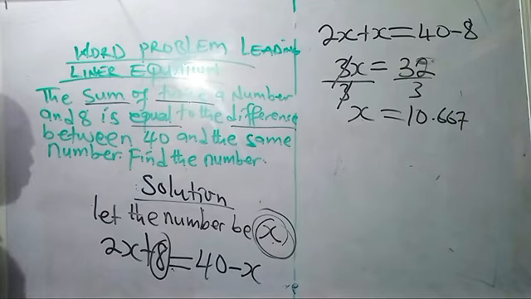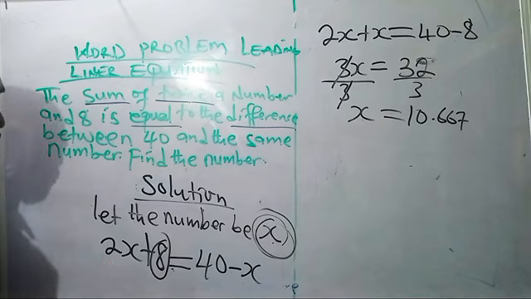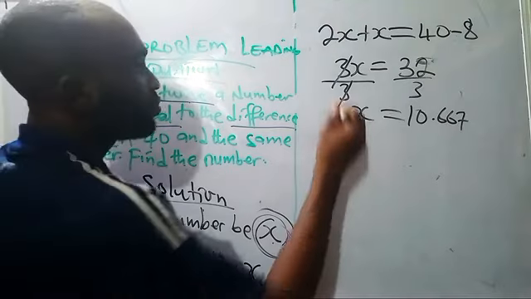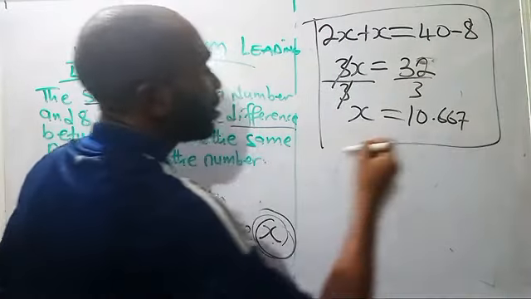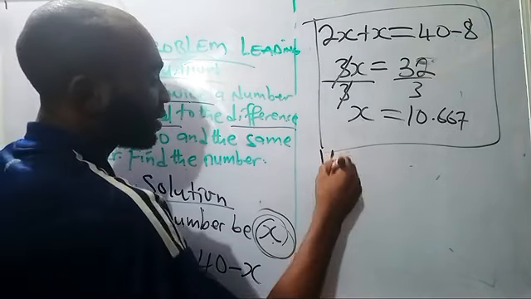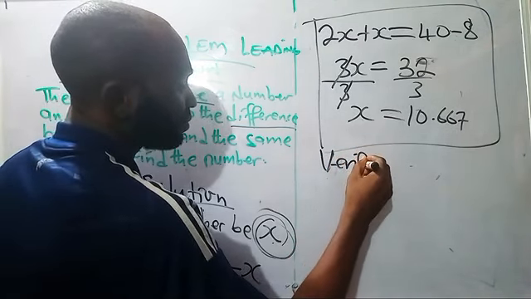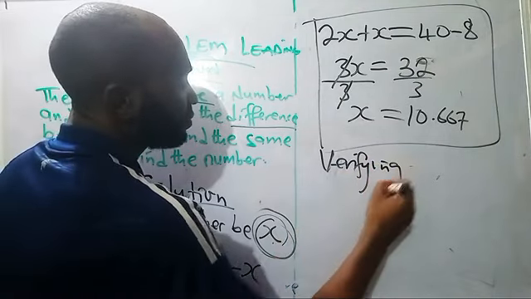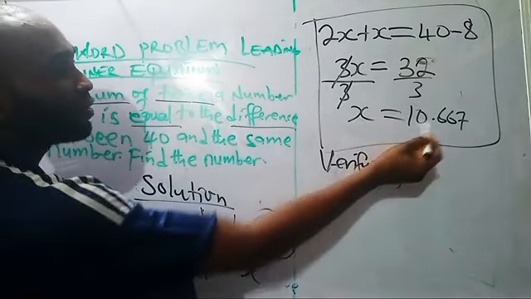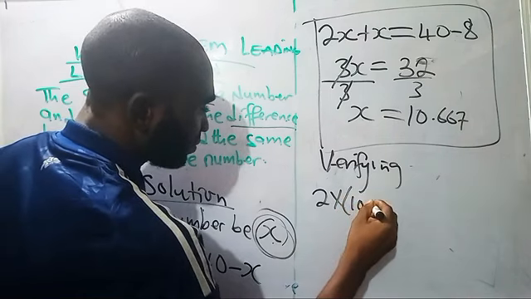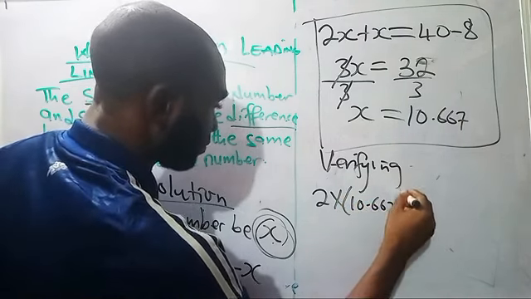Now, if you want to know whether this is correct, you are going to put everything back. So in solving your linear equation, at the end, try to verify. Verifying this, since x is now 10.667, I'll say 2 times 10.667 plus 8.